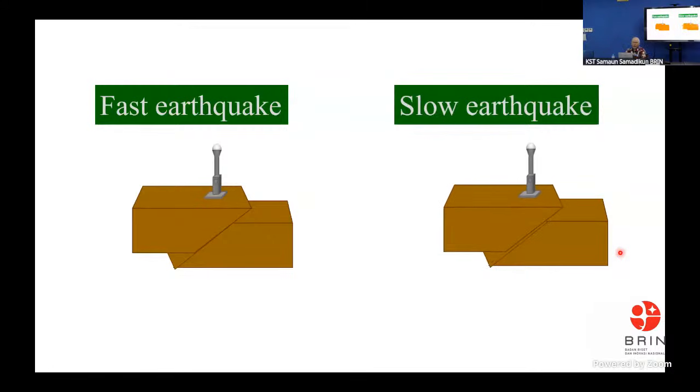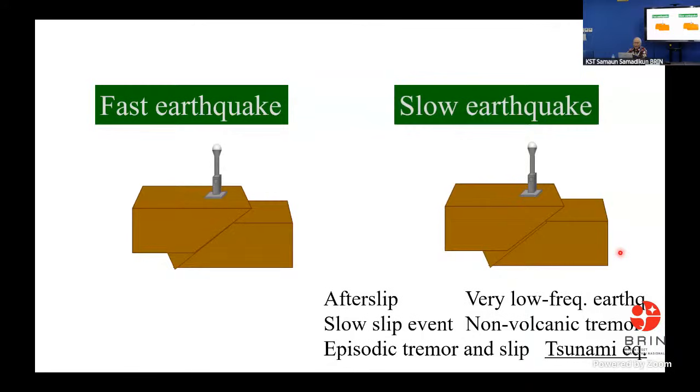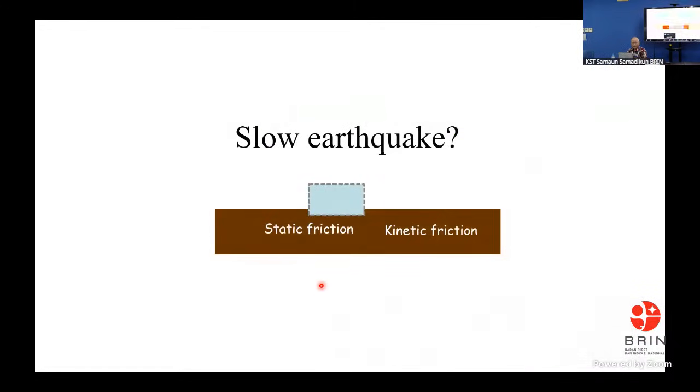So it occurs very slowly and it doesn't make a strong seismic wave, but it may cause a big tsunami. And they are called by many different names: afterslip, slow slip event, very low frequency earthquake, non-volcanic tremor, or tsunami earthquake.